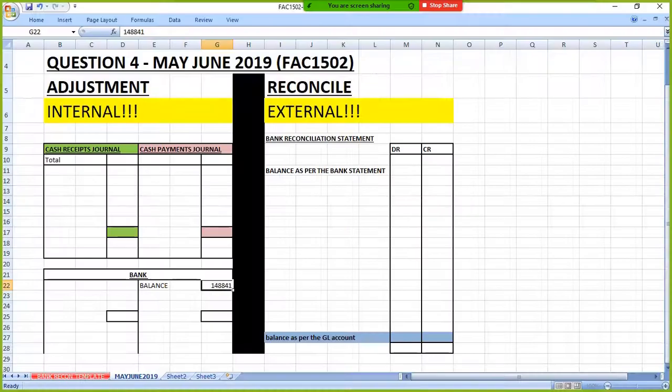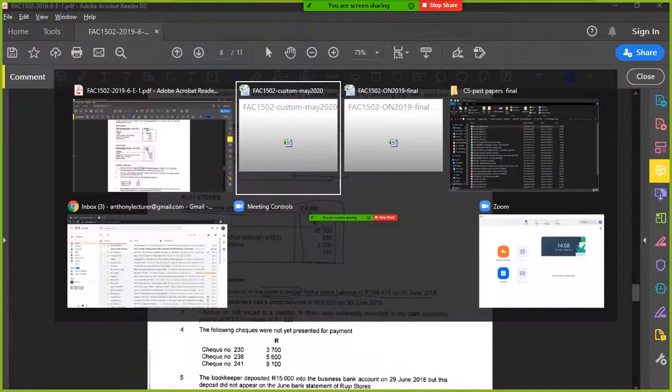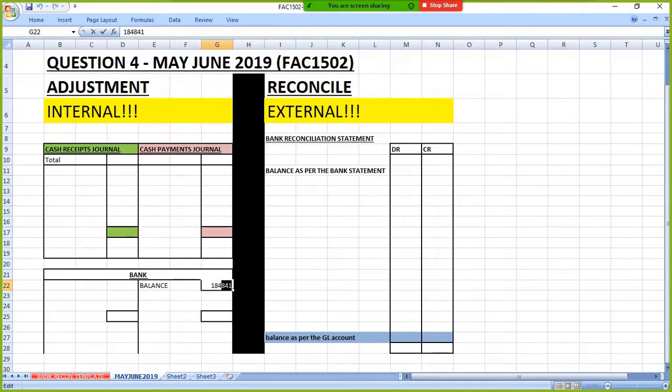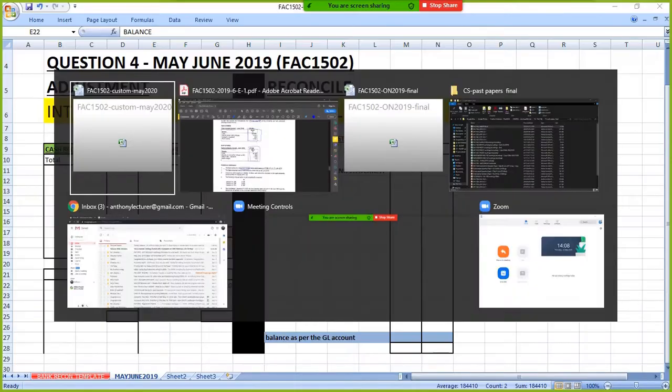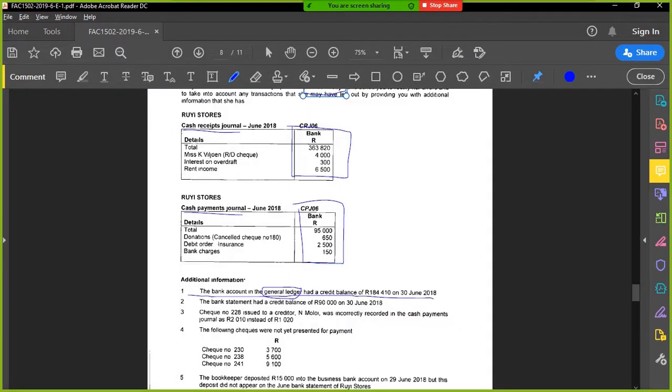It's 184,410. Right, 184,410 credit balance. Not bank statement, from the records of the business in the bank account for the general ledger. Okay, the bank statement had a credit balance.